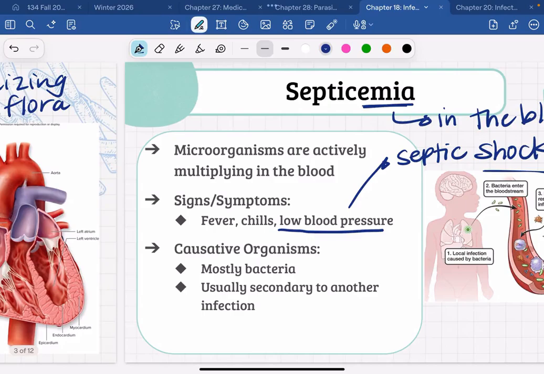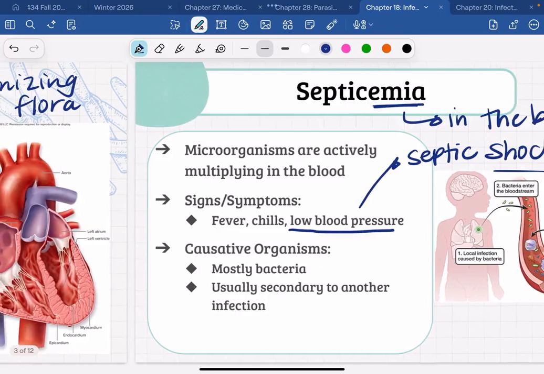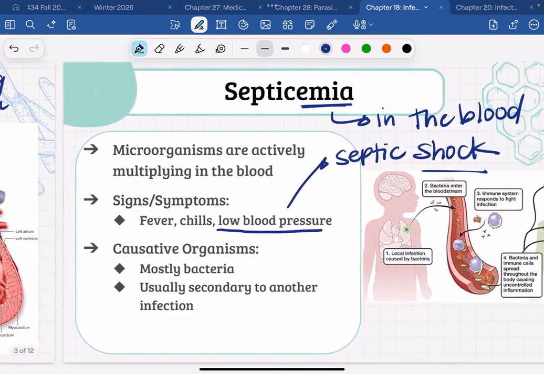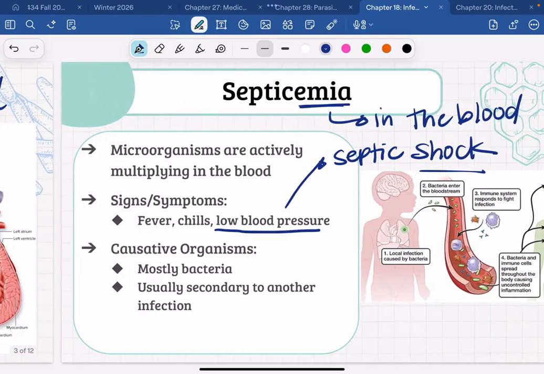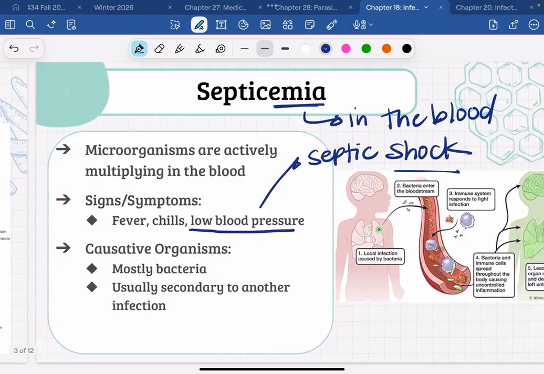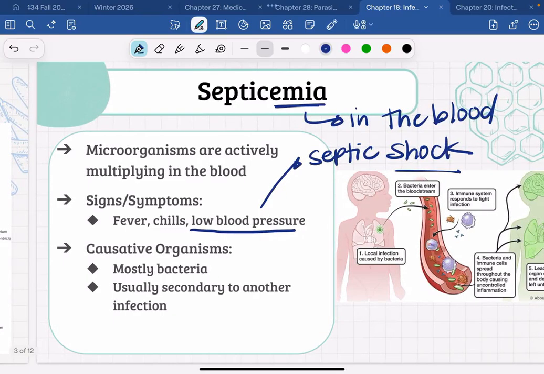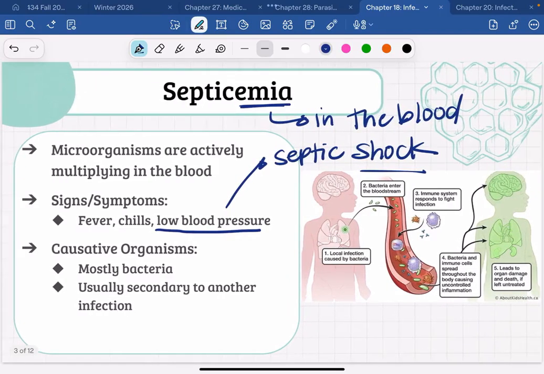You can get septicemia secondary to any other bacterial infection. Okay, so there's not a particular causative organism that causes septicemia. It's just important to remember that it's secondary to other infections. It's what happens when other infections are either not treated or the treatments aren't working.